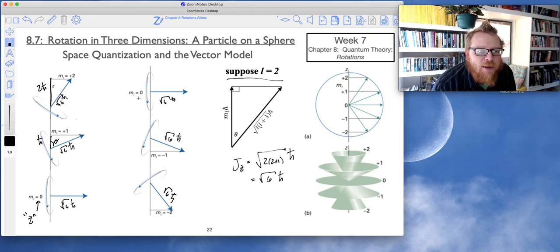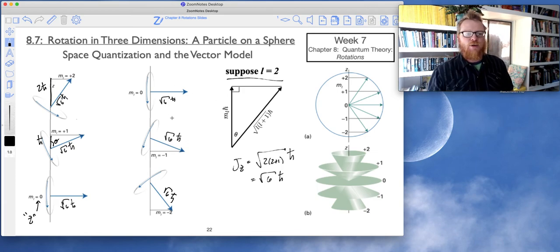So now I just drew the ml equals 0 state again, just so now we can compare that to the ml minus 1 state, right? So now this length is minus h bar, so it's still h bar, but it's just now in the other direction. And of course, now this length is minus 2 h bar.